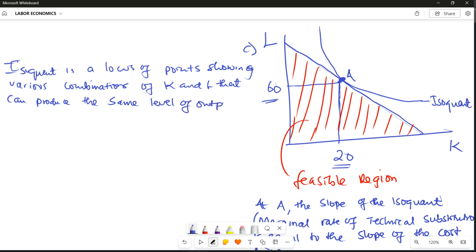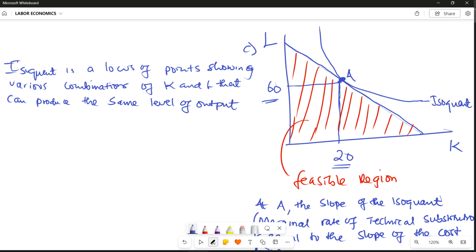So that's the definition of an isoquant. So an isoquant is just a locus of points or a curve that shows the various combinations of two factors of production, in this case capital and labor, that can produce the same level of output.